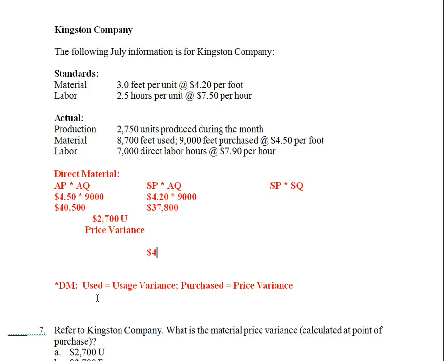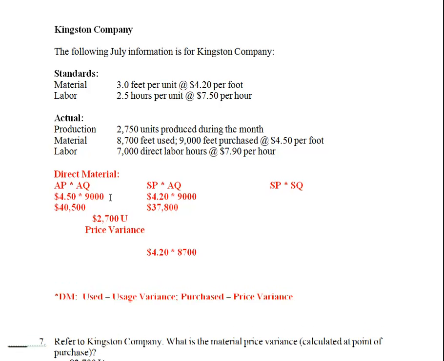So your standard price is still $4.20, but instead of using the material purchased, we want to use the material that was actually used, which is only 8,700 feet. So if I do 8,700 feet times $4.20, that is going to give me $36,540.